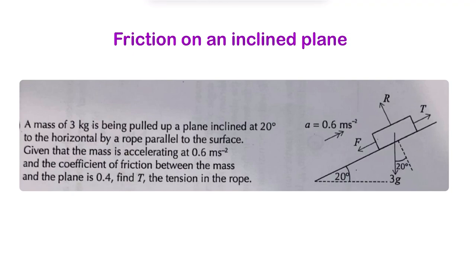So the key to answering this kind of question is to realize whether you're using Newton's first or second laws. So in the y direction, clearly there is no acceleration, so we're using Newton's first law in the y direction.